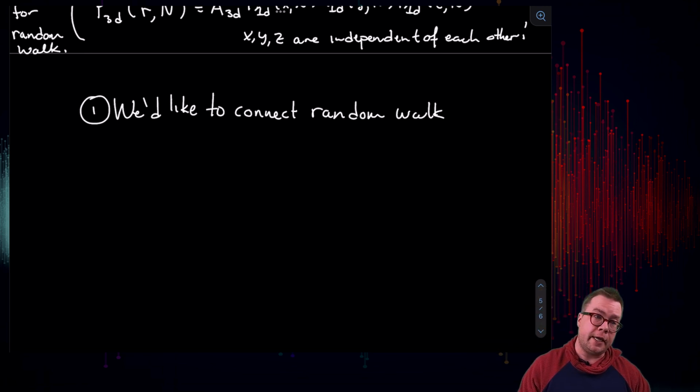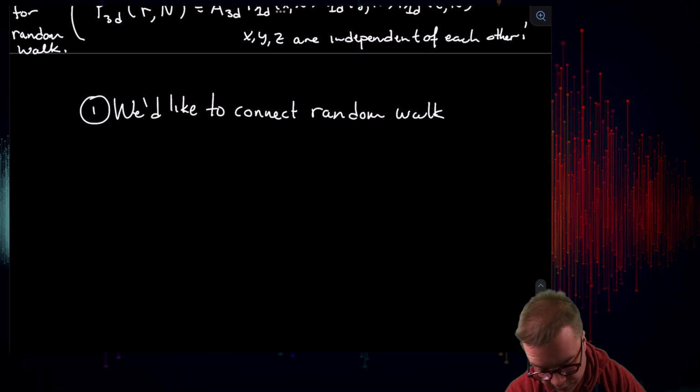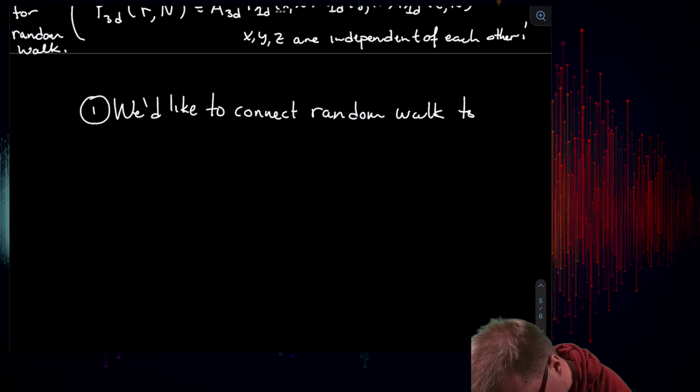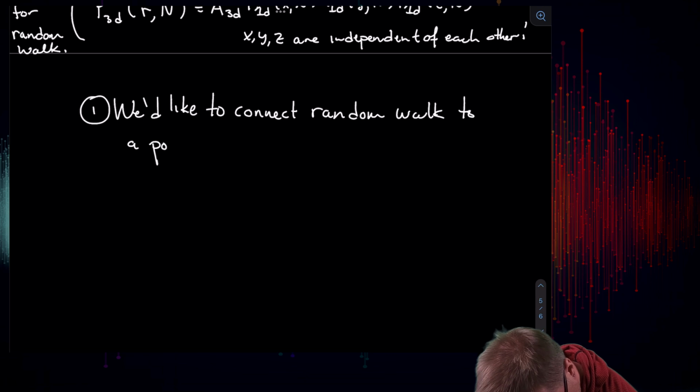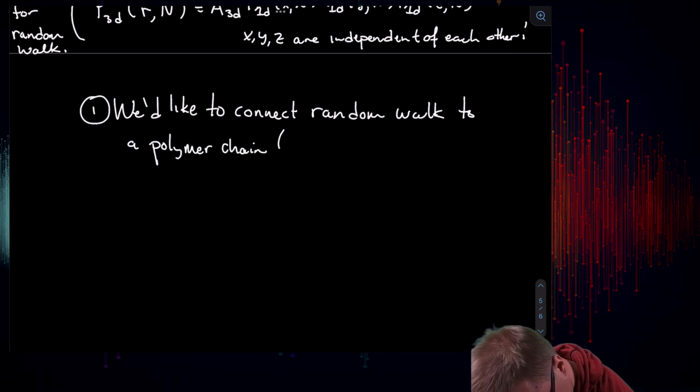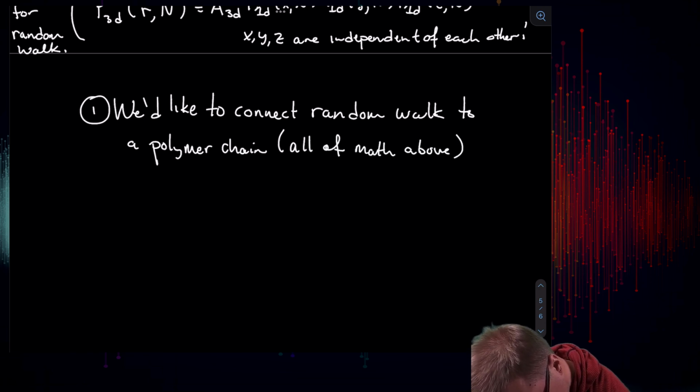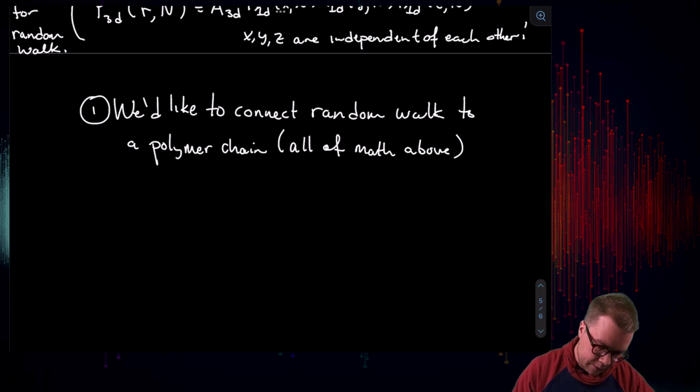And correspondingly, if we connect the random walk to the polymer chain, we're connecting these probability distributions to the polymer chain. So we want to connect the random walk to a polymer chain. And that means that all of the math comes along with us.